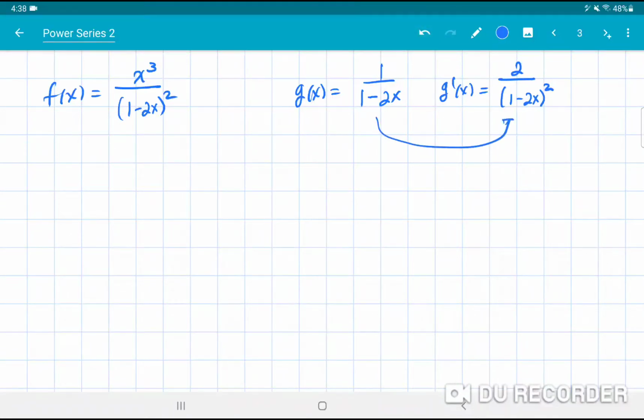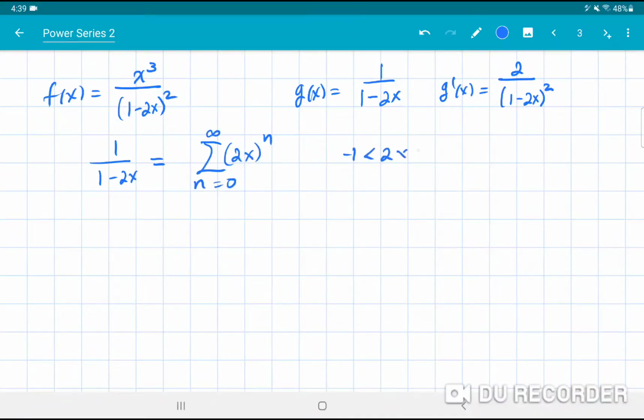But I think I can get this power series first. And then I'm going to divide it by 2 and multiply it by x cubed. It should give me the power series that I want. All right? So 1 over 1 minus 2x is the sum of (2x) to the power of n from 0 to infinity for -1 less than 2x less than 1.